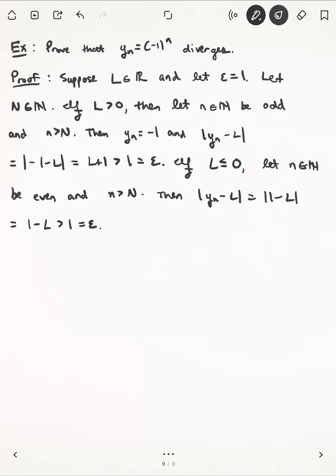So in both cases we have shown that when n is sufficiently large, we can find terms far from L. Let me just write this out.